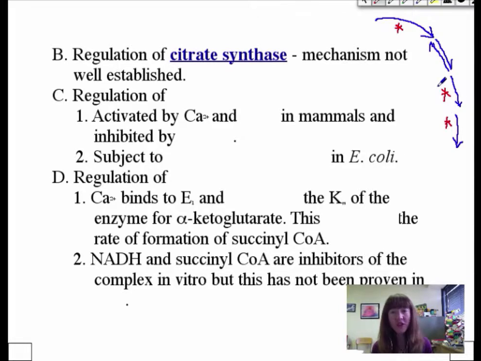So let's first look at the regulation of isocitrate dehydrogenase, and then we can move into the regulation of alpha-ketoglutarate dehydrogenase. And once again, remember it's a multi-enzyme complex, just like pyruvate dehydrogenase. So we could see in this case again the regulation at E1, E2, and E3, right?